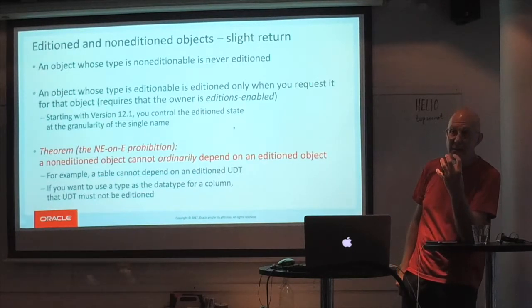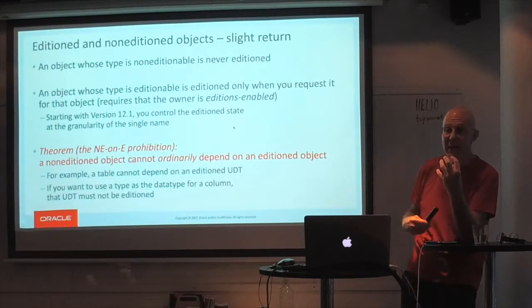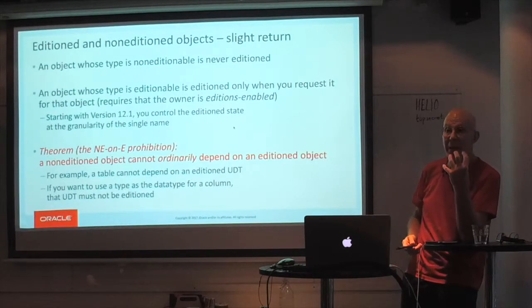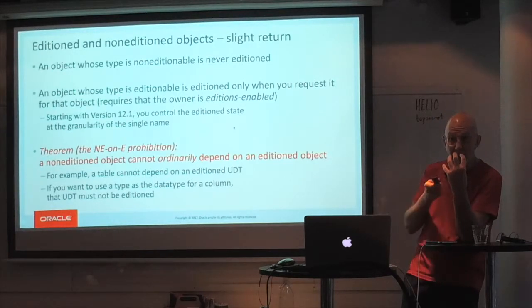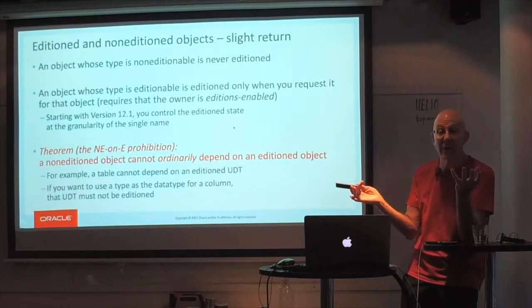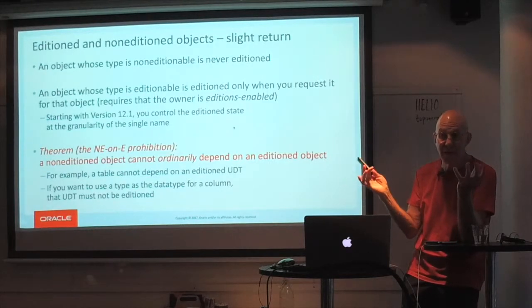When the index, which is a non-editioned object, needs to run the function as part of evaluating the expression so that it gets the values to put in itself, it needs to choose which one among the many to run. How can it possibly do that? Because the rule is it looks for the one that it needs in its own edition. And because it's not in an edition, it can't find anything. Paradox, therefore we don't allow it.